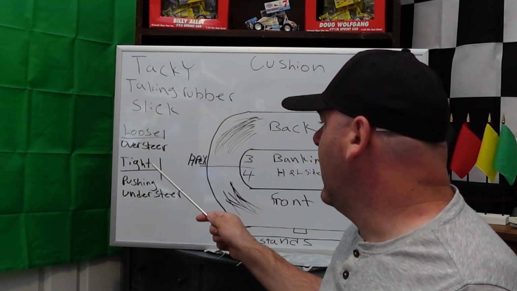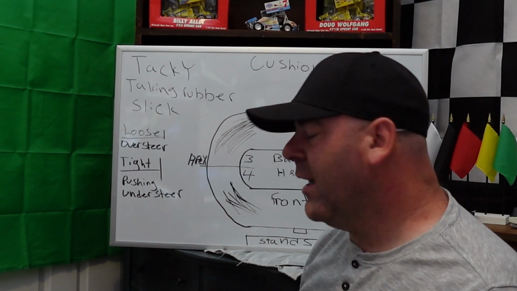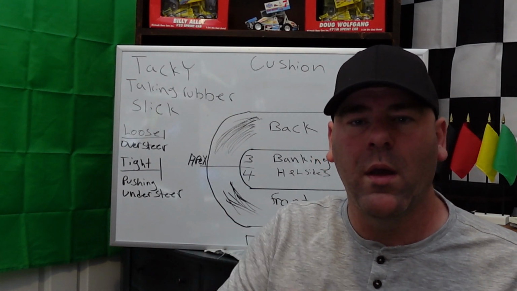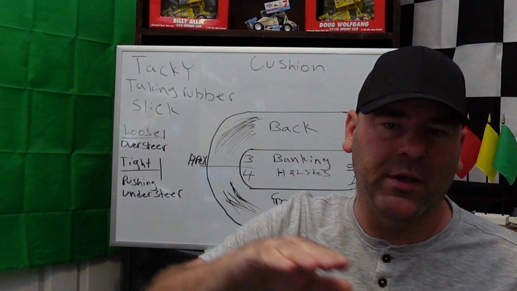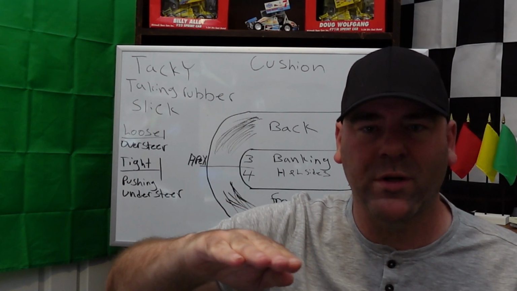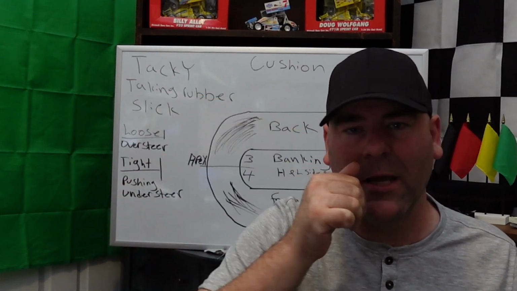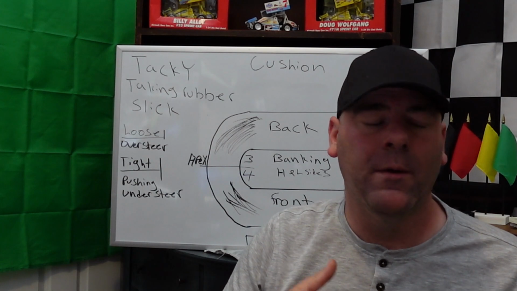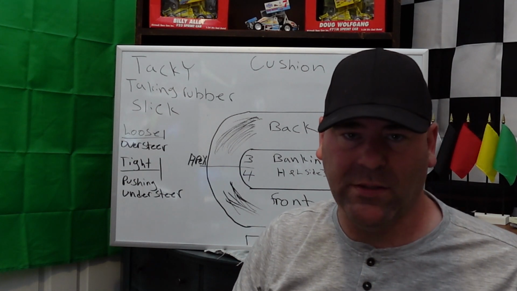So if the car is tight, it's doing the exact opposite. You're trying to muscle it through the corner, but it's really not wanting to corner. As you go through the corner, it's going to get higher and higher in the racetrack, and it's not going to want to turn unless you get off the gas and lose some momentum.